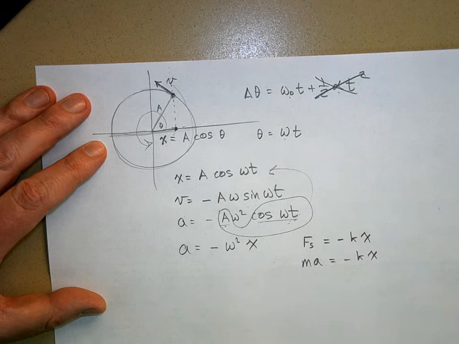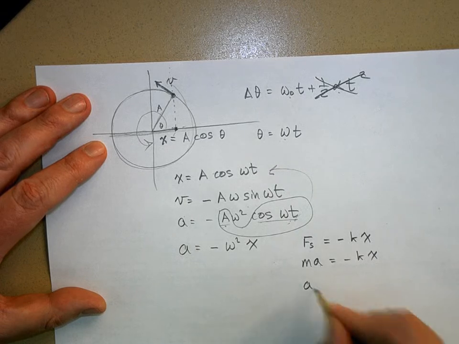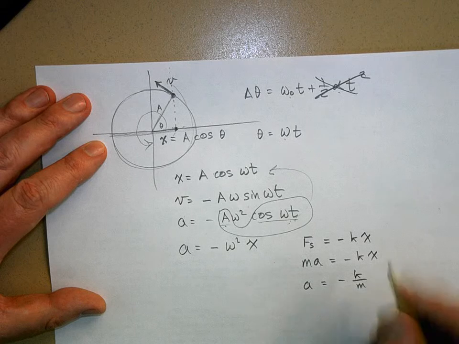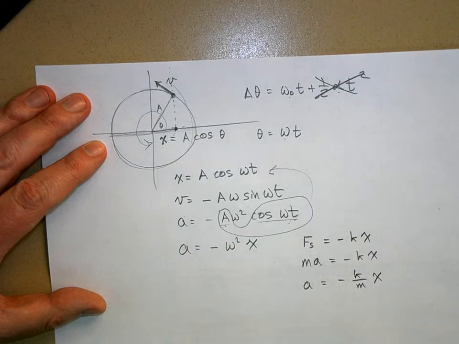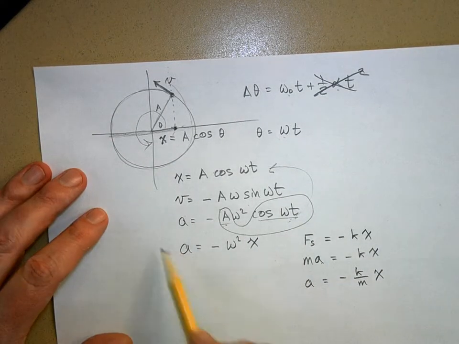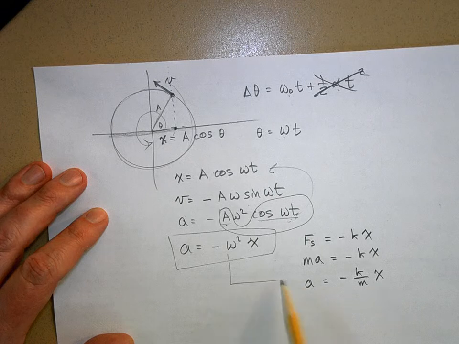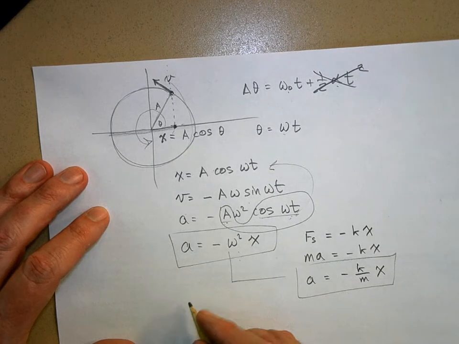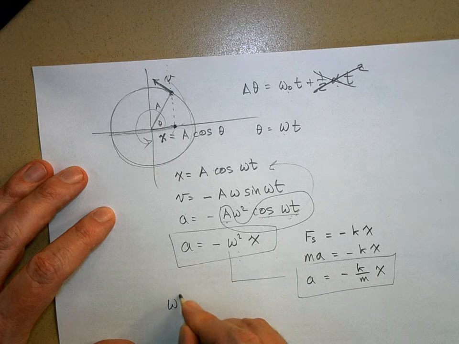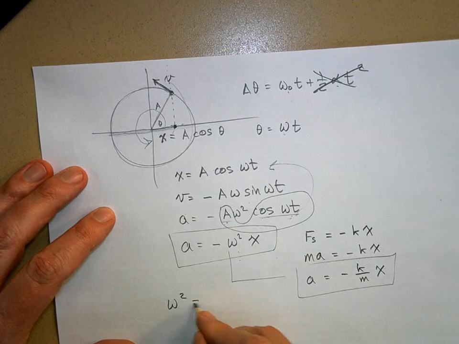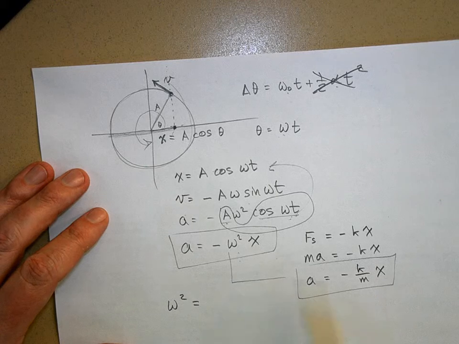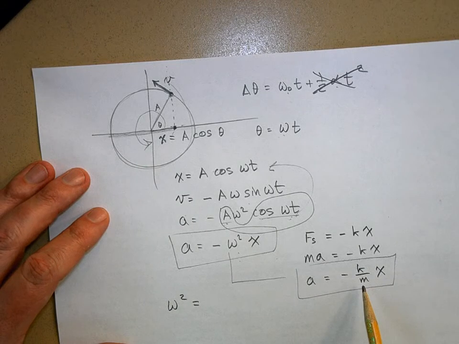And so a is equal to negative k over m times x. Well, look, this has the same mathematical structure. And so what we can say is that omega squared is equal to k over m.